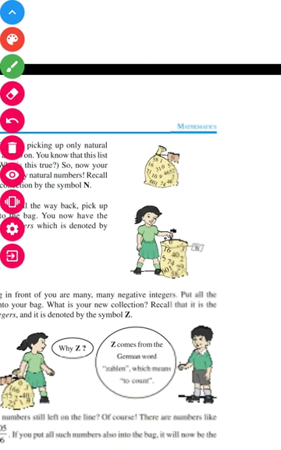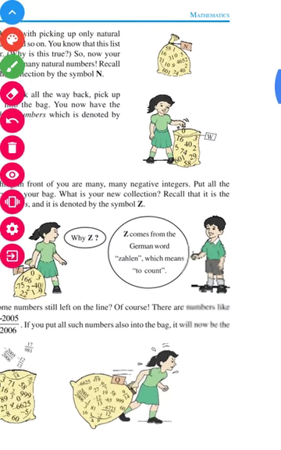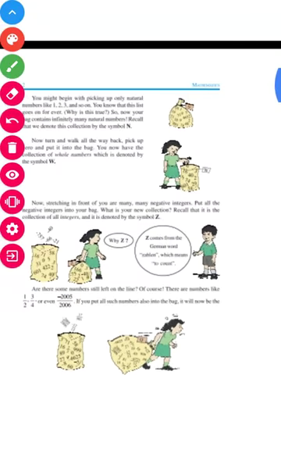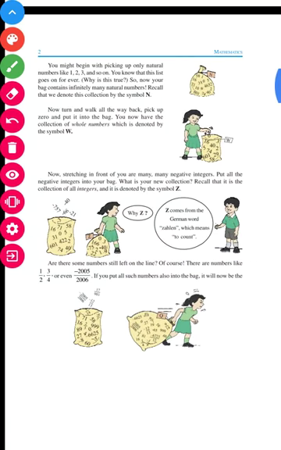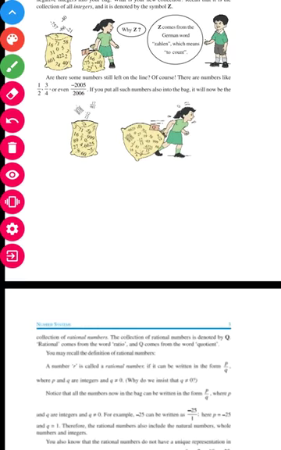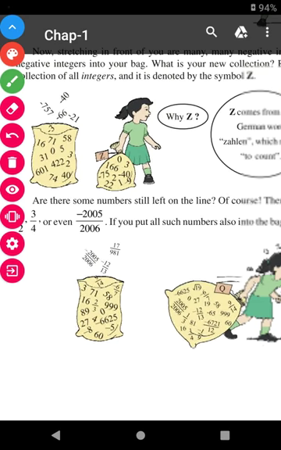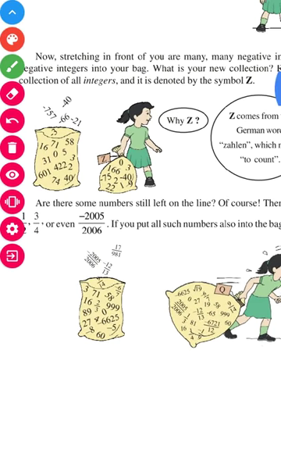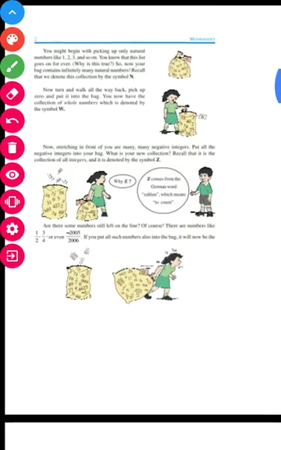When we add 0, that becomes the whole numbers. When we put the negative numbers also, they become integers. Now we put the rational numbers, whether positive or negative.